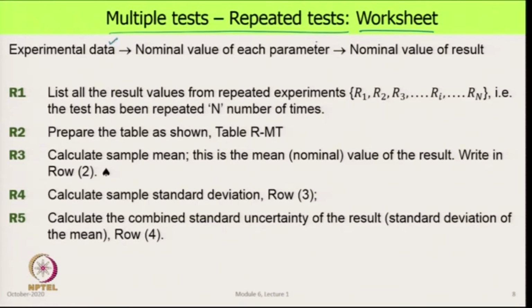We got lots of data for each parameter, from which we calculated the nominal value of each parameter, and using the result formula, we calculated the nominal value of the result, and this we did for every experiment. So, in the first step, now what we will do is we will list all the result values from the repeated experiments, which is R1, R2, R3 and Rn.